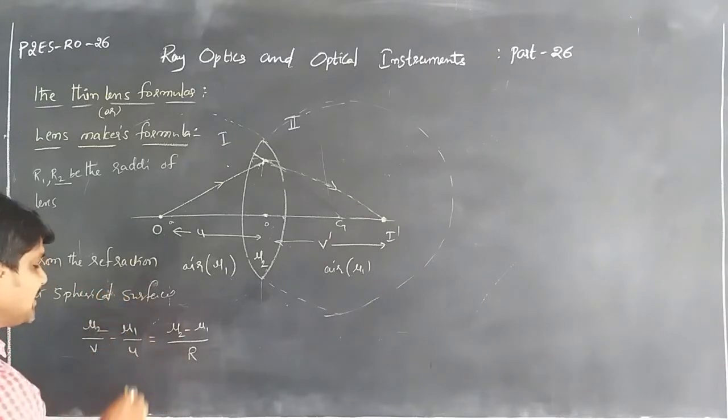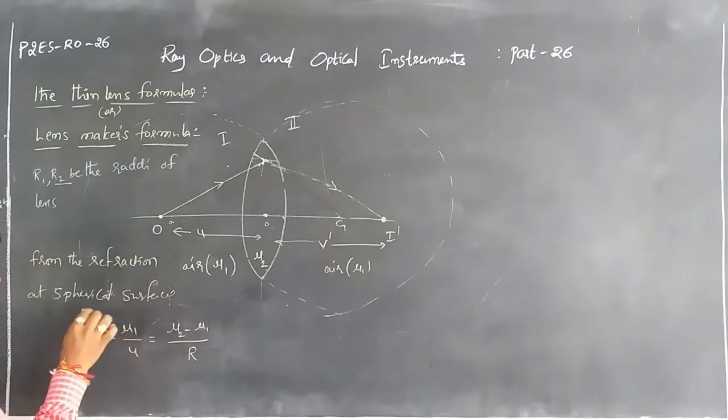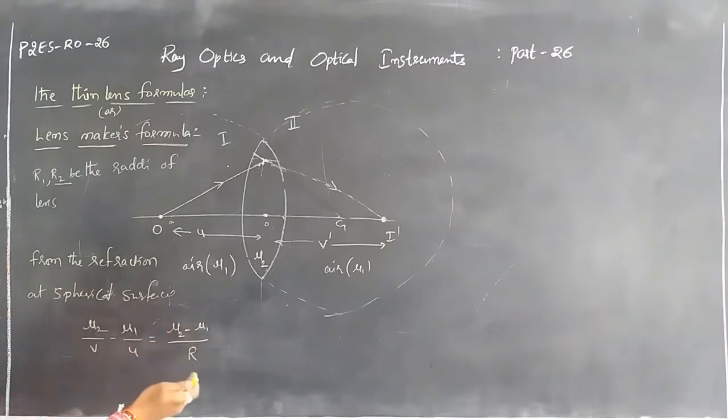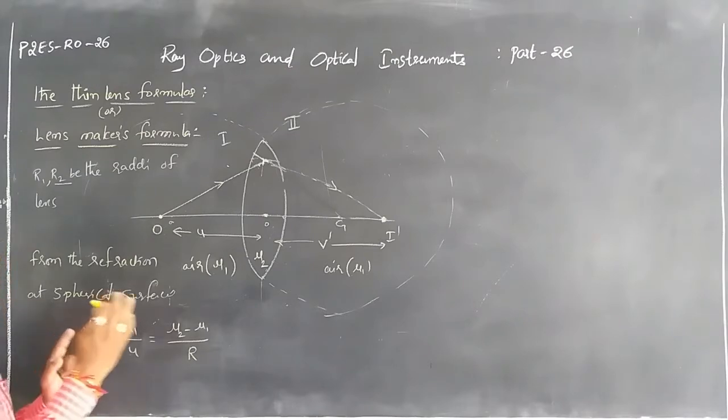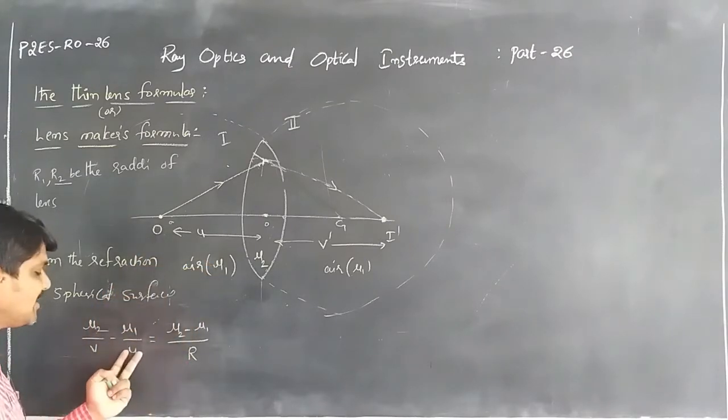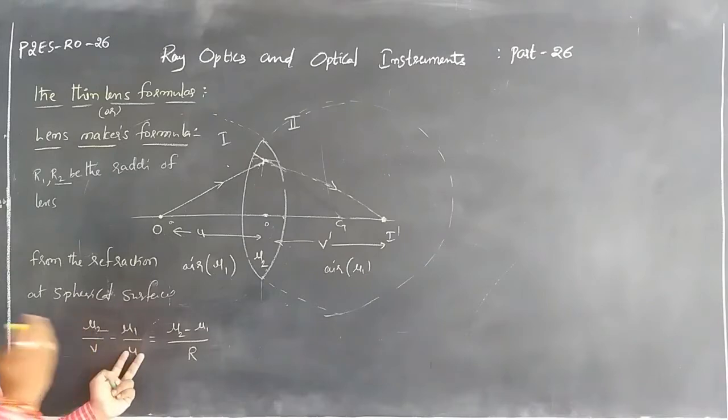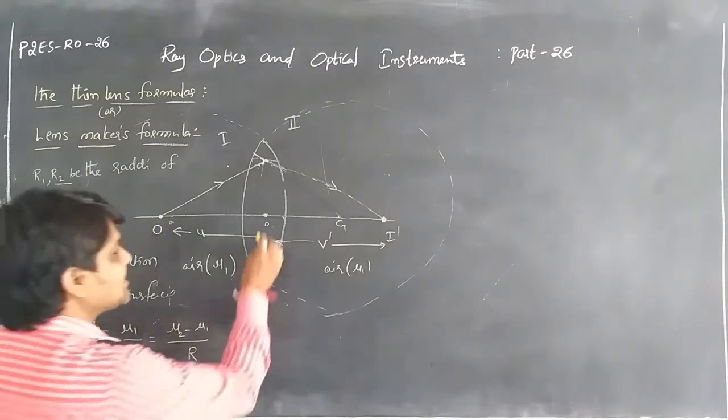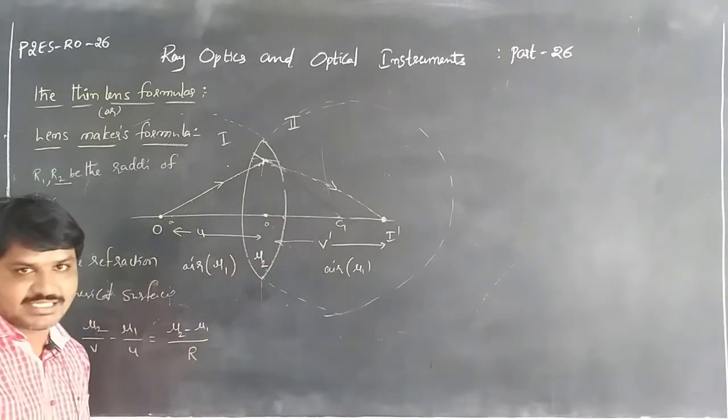So mu2 is where the light is going, mu1 is the medium from which the light is coming. Then V is the distance of the image formed, and U is the distance at which the object is placed. All the distances must be measured from the optical center.